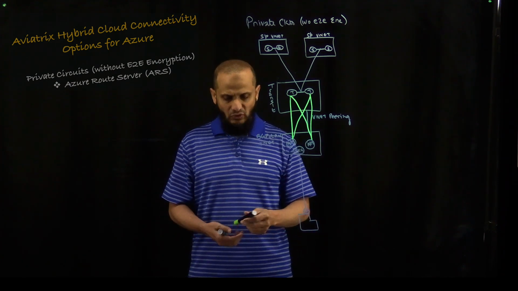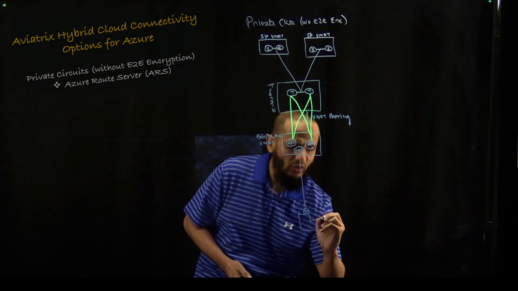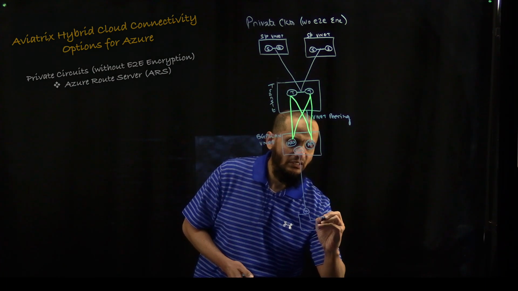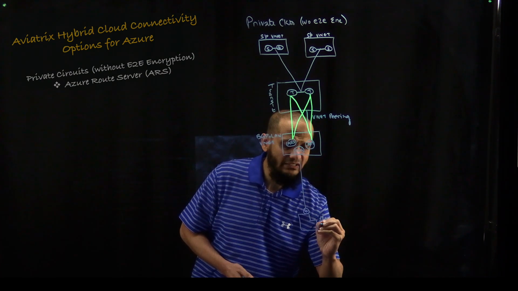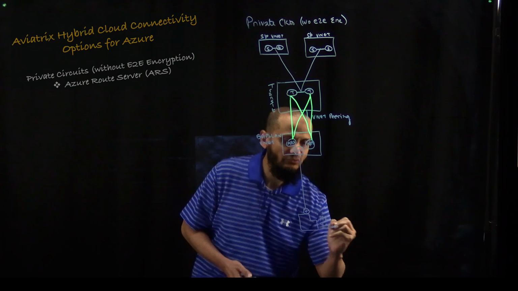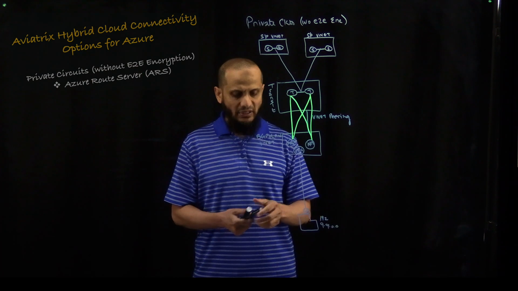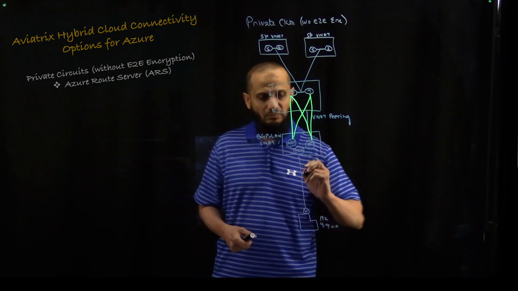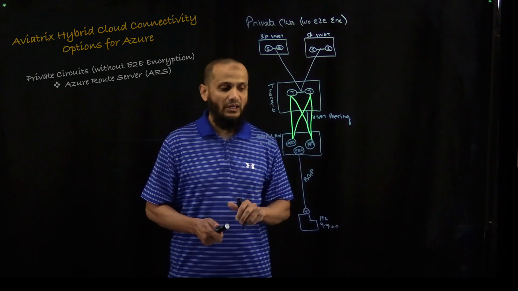Now, if I'm going to show you a couple of routes over here, let's say this on-prem is advertising a 192 route and also a non-RFC 1918 route. Let's say this is a 9.9.0.0 route. Okay, these routes are being advertised. There is a BGP running between the on-prem and the ER gateway.